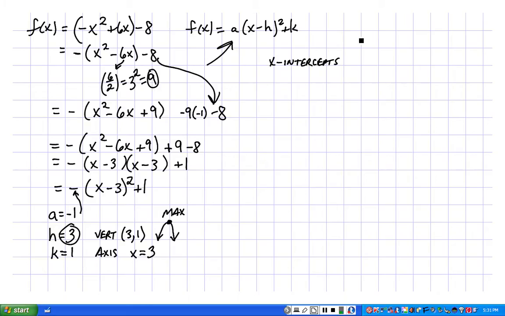Our initial problem was f of x equals negative x squared plus 6x minus 8, and to find our x-intercepts we make y 0. We've talked about how f of x is the same as just saying y. f of x is just another way of saying y, so we make y 0.